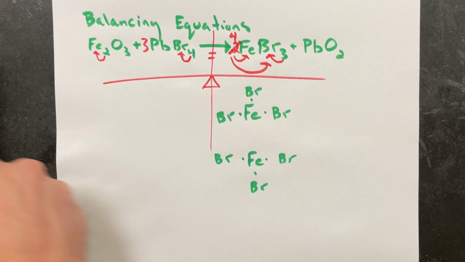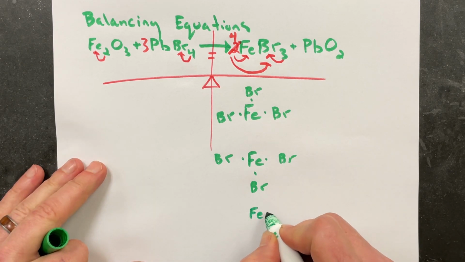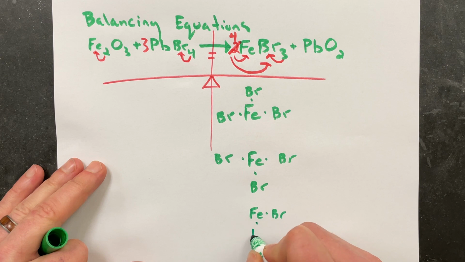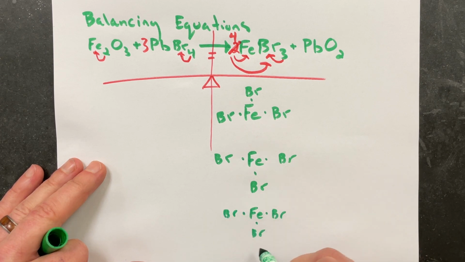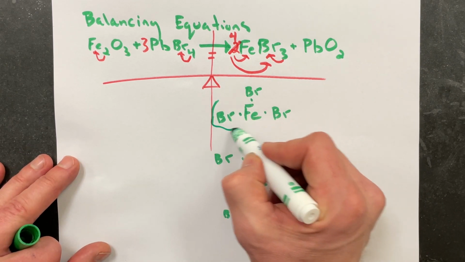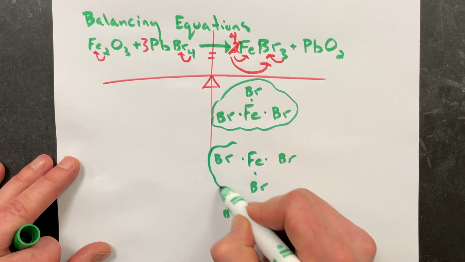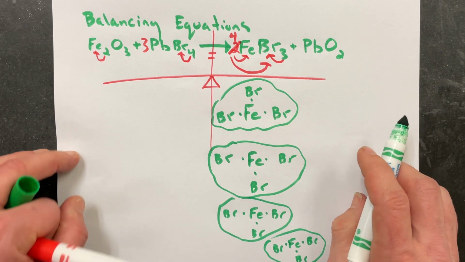And that just told us that we have Fe, I'll draw these smaller, Br, Br, Br, and then there's another one, kind of run out of space, Fe, Br, Br, Br. Okay, so we got 4 of those. I'll put little circles around so you can see where one ends and the next one begins. There you go. So we got 4 of those.